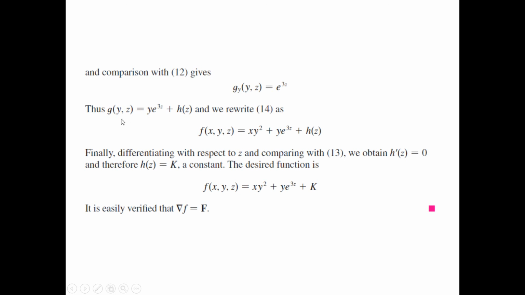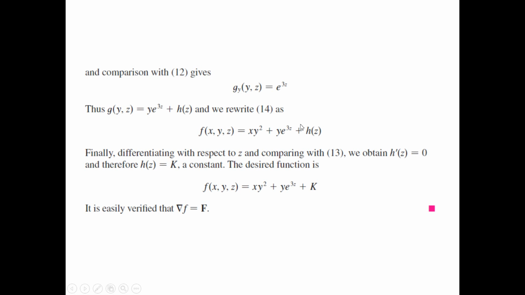Now, since g of y z is a function of y and z, and we are integrating this with respect to y, keeping z constant, the constant of integration will be a function of z. So g of y z is equal to y into e to the 3z plus h of z. Now f of x y z becomes xy square plus y e to the 3z plus h of z.